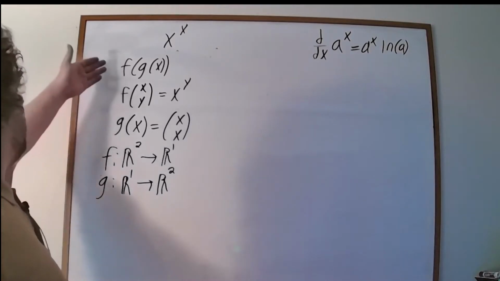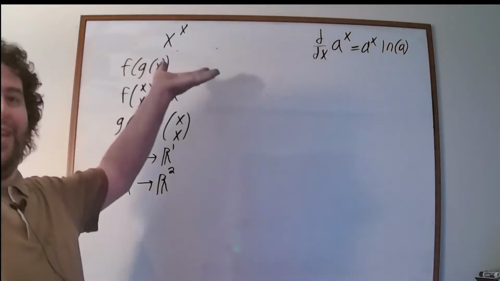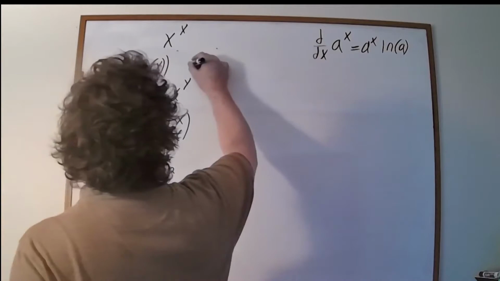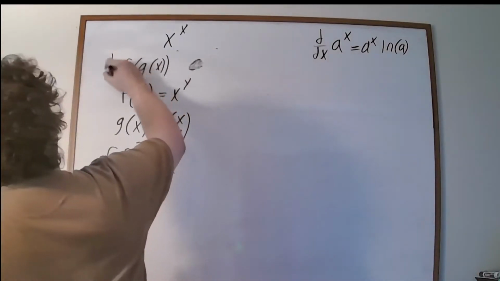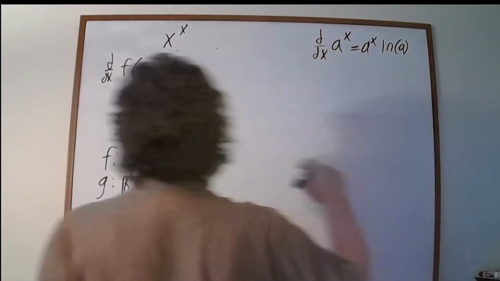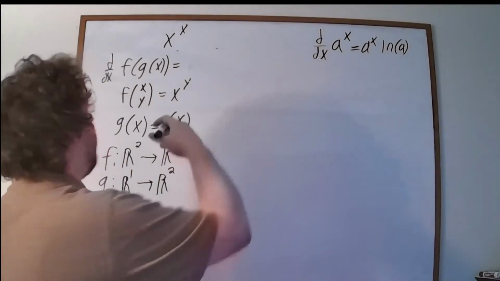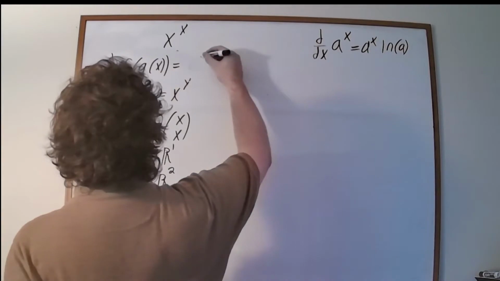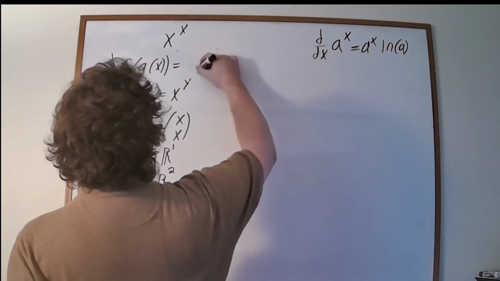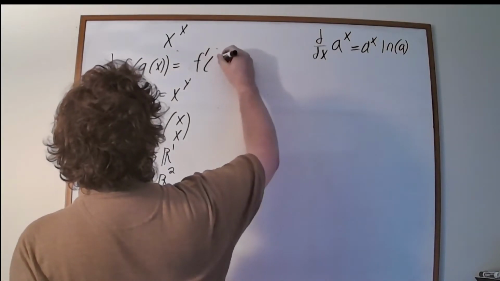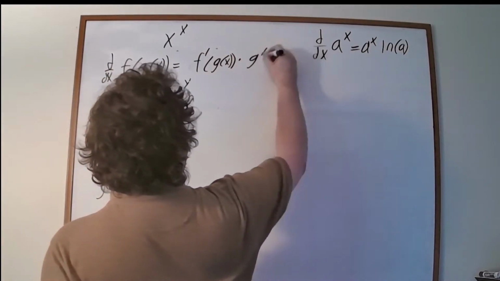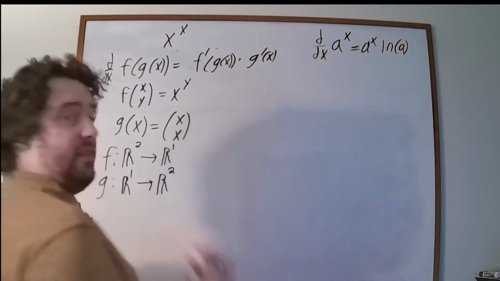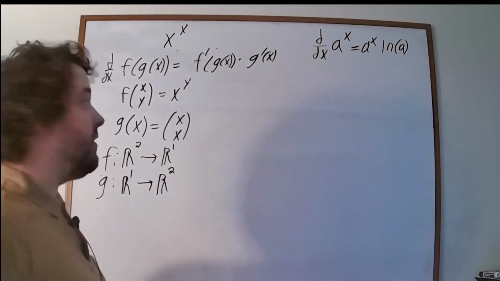So let's think about this. What does the chain rule say? The chain rule says that the derivative of this is going to be equal to f prime of g of x times g prime of x. And in this case, this is going to be matrix multiplication.